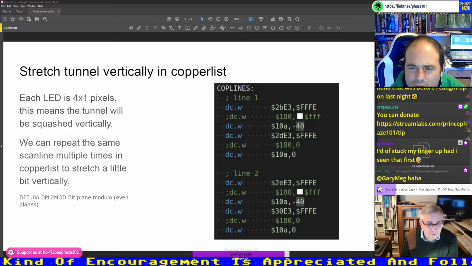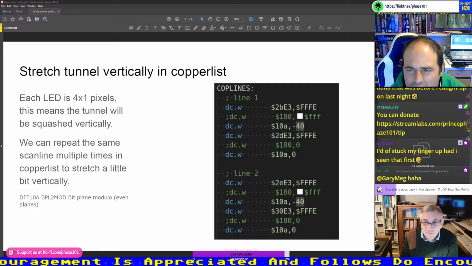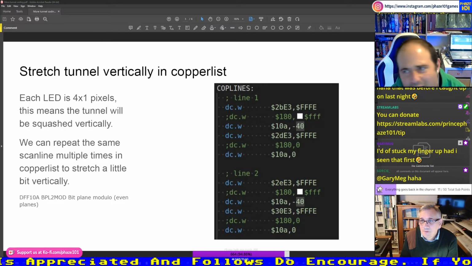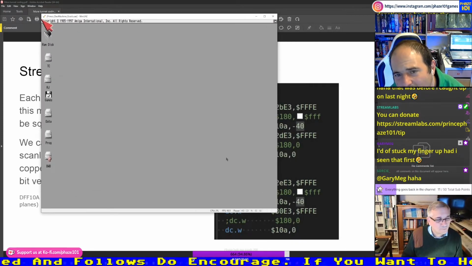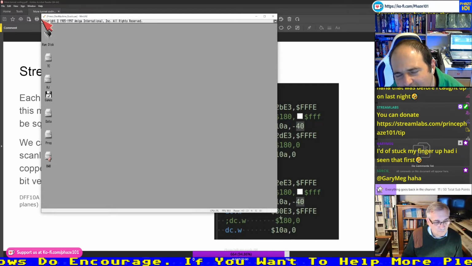Am I right? I haven't used it. But it should be interesting to see what it shows, because I remember the DMA debugger on WinUAE tells you where the DMA slots are taken.